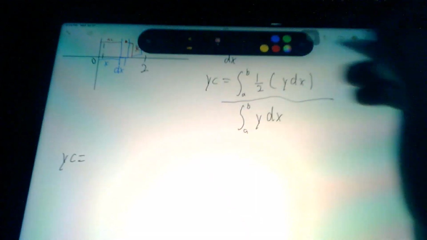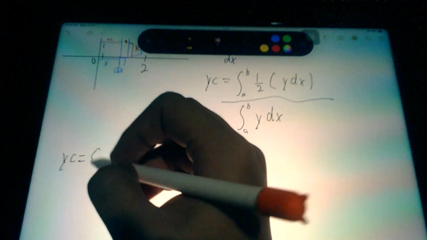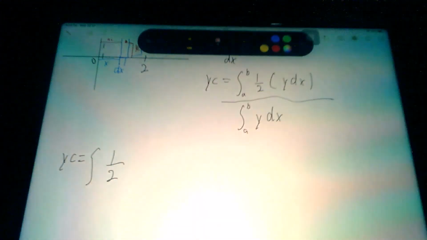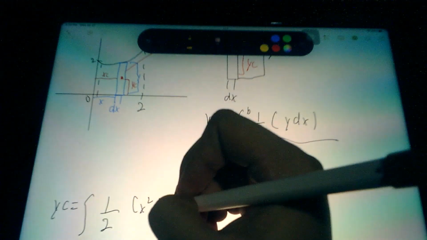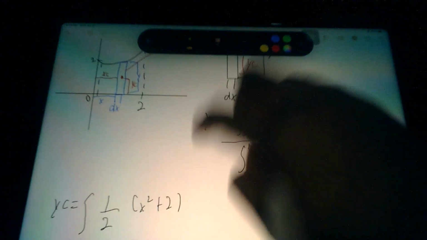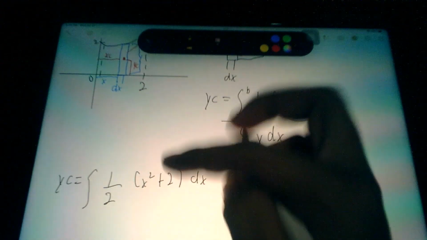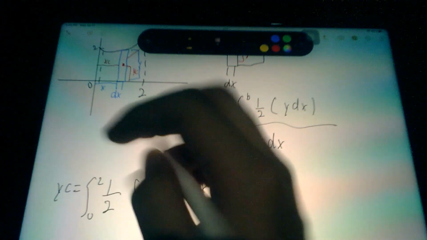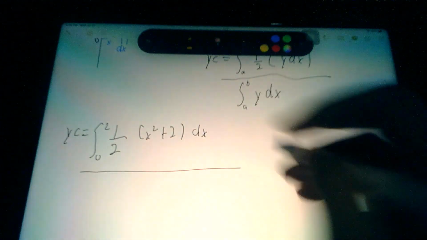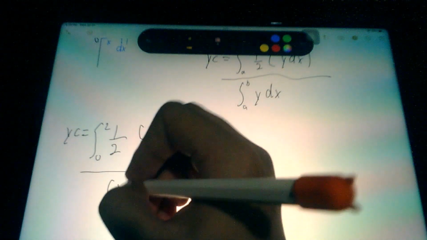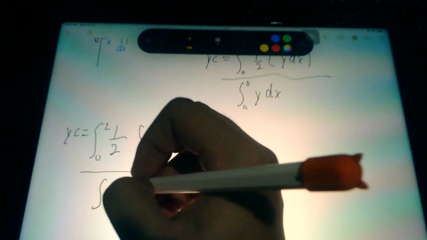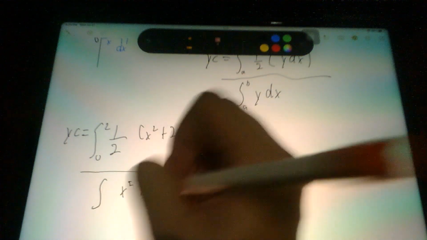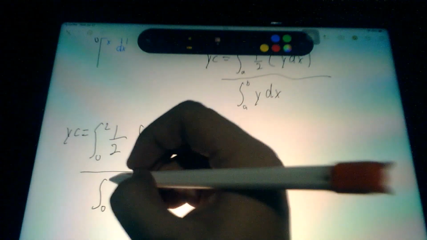So yc here is just the integral of 1/2, and our y here is just x squared plus 2, right? Then dx from limits 0 to 2, over the integral of y dx. Our y here is x squared plus 2, the integral of x squared plus 2 dx from limits 0 to 2.